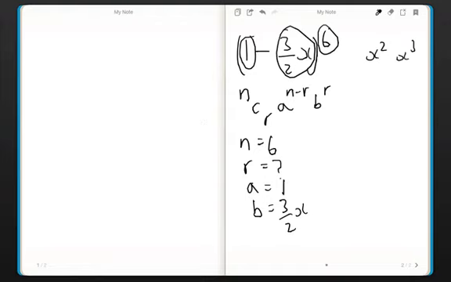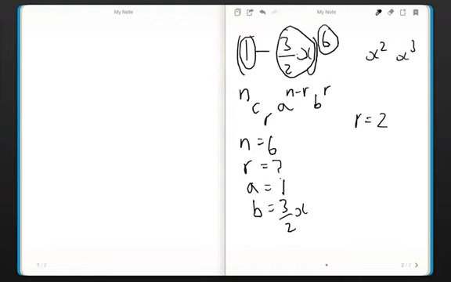So we need an x squared term. Technically we need this term to be squared to get an x squared term. Since b is this 3/2 x term, we need that squared, and our general formula says b to the power of r, so our r has to equal 2.